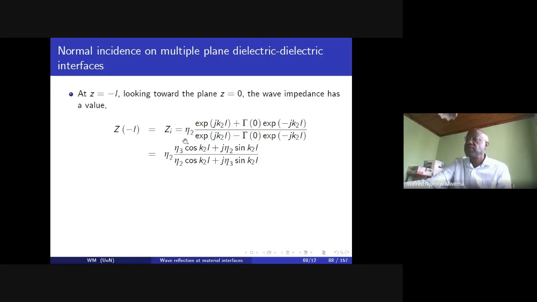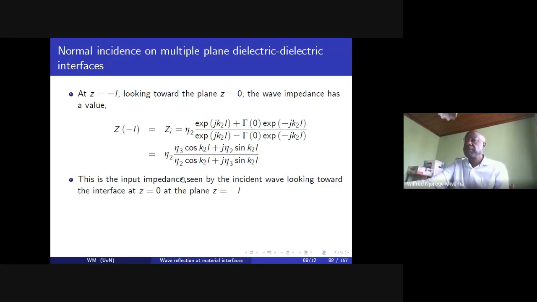And it is given by this expression: eta 2 multiplying eta 3 cos k2L plus j eta 2 sin k2L, over eta 2 cos k2L plus j eta 3 sin k2L, where we are replacing each z in the expression for Z of z with minus L. That is why we have a change of the signs of the two components of the exponents.